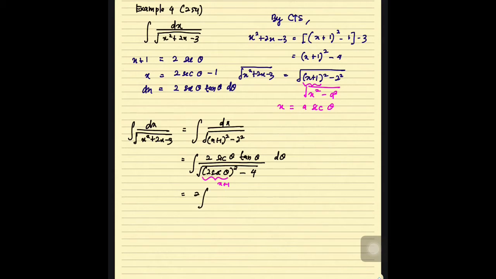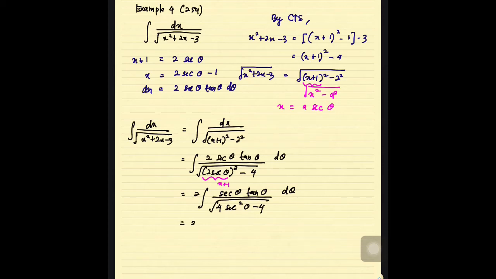Take out 2. So you have in your numerator secant theta tangent theta over, secant theta squared, so 2 squared, you will get 4 here, so 4 secant squared theta minus 4.